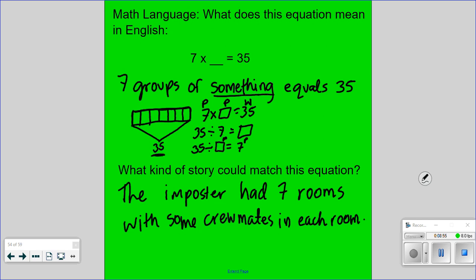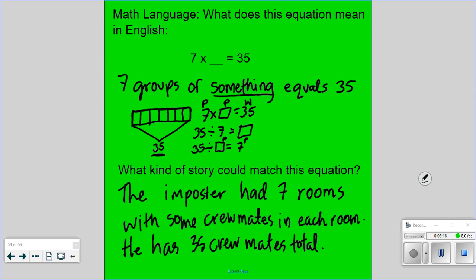Okay, he has 35 crewmates total. Love that. He has 35 crewmates total. How many crewmates are in each room? Perfect.